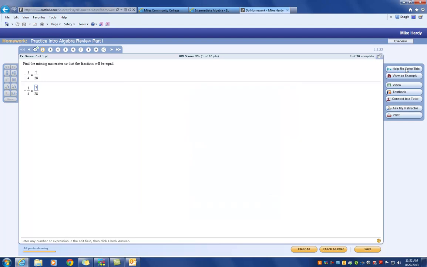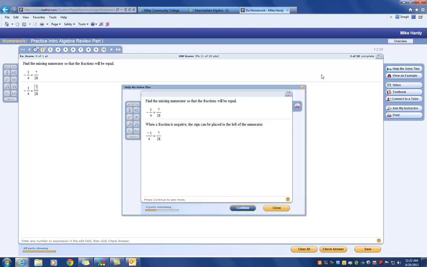Okay? The next item here is something called help me solve this. Help me solve this is going to treat this like an example, but at certain points it's going to ask you to enter things. So let's see, if we're going to make an equivalent fraction here, we have to multiply numerator and denominator by what?